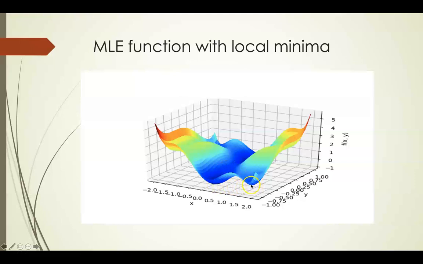And so our parameter estimates here would be quite a bit different than the parameter estimates that gave us the global minimum. And so we might want to consider other optimization methods that will at least try doing a gradient descent from a number of different points and finding out which one takes you to the lowest point or something like that. So conceptually, that's a way to think about it.